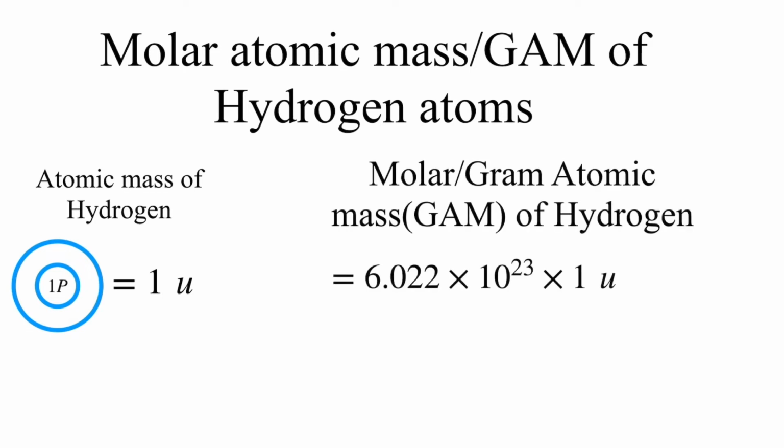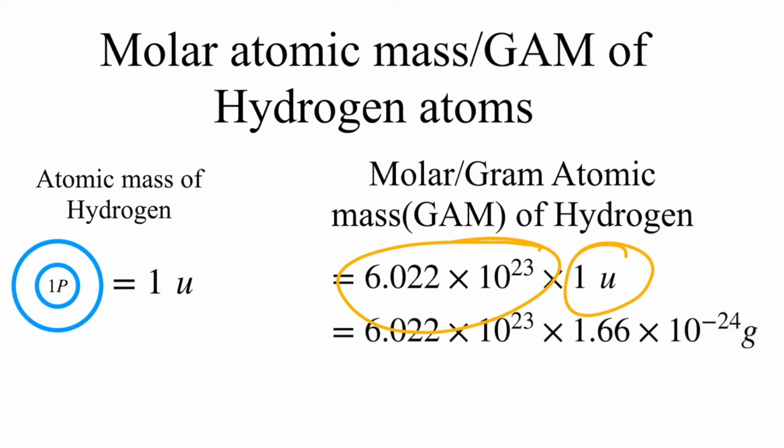It will be equal to 6.022 into 10 raised to power 23, which is 1 mole atoms of hydrogen, and the mass of one atom of hydrogen is 1 unit. When we represent this unit in grams, we will get the molar mass of hydrogen atoms, or in other words, the gram atomic mass of hydrogen atoms, which is equal to 1 gram.